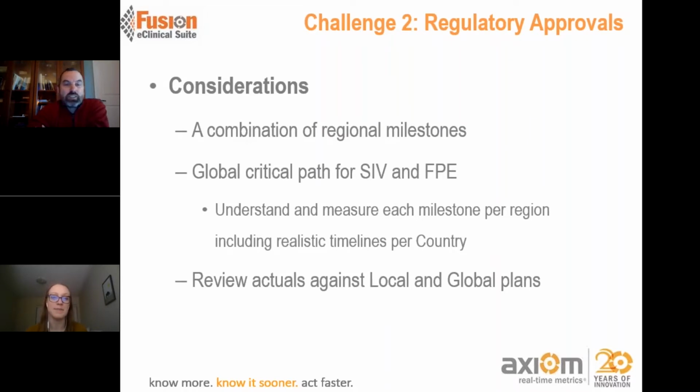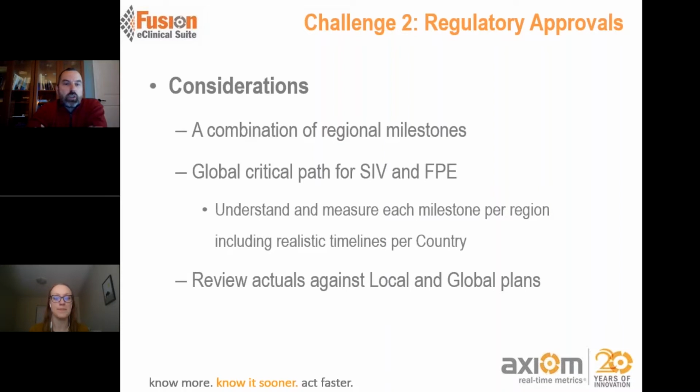Yeah, so again, regulatory is obviously very important. And when you're thinking globally, this is a critical piece, because each region will obviously have slight variations in their regulatory expectations. Although for a global trial, you want to make as many things as common as possible. So think about the overall global milestones that you want to achieve and where those fit in.